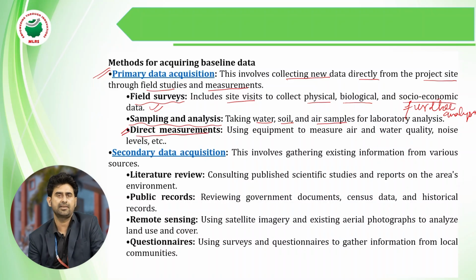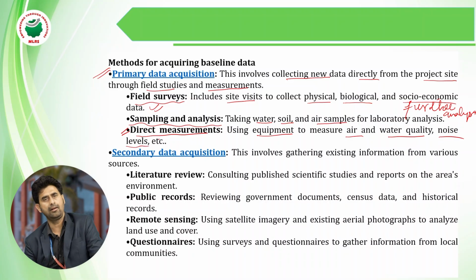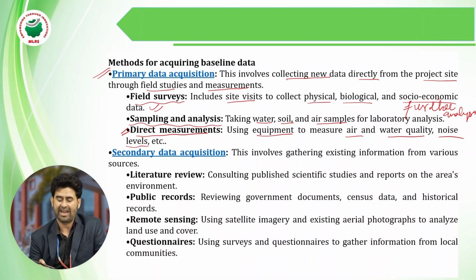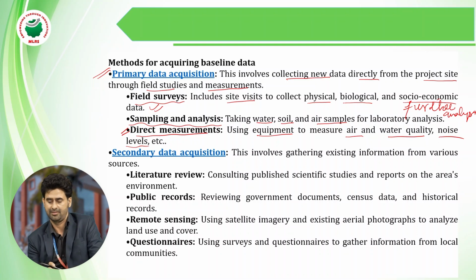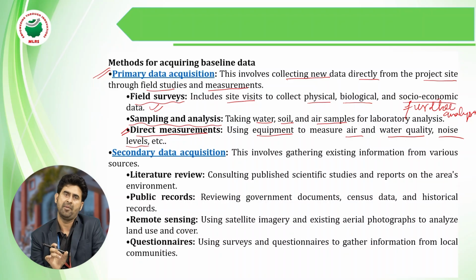In direct measurements, we use equipments to measure air, water quality and noise level. And in the direct measurement, we can use the proper equipments in order to know the quality of water, to know the quality of air, and we can also measure the level of the noise.